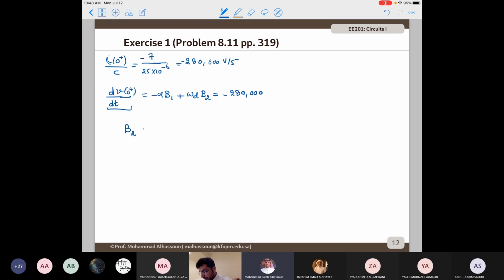So B2 now is minus 800 volts. Okay, now I found B1, B2, alpha, and omega D, so now I can easily write down the solution.